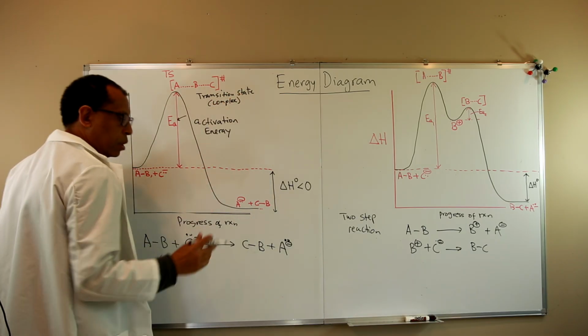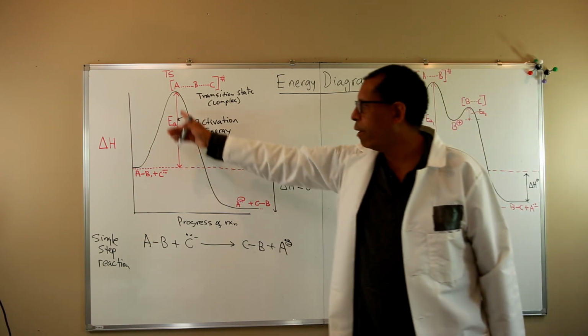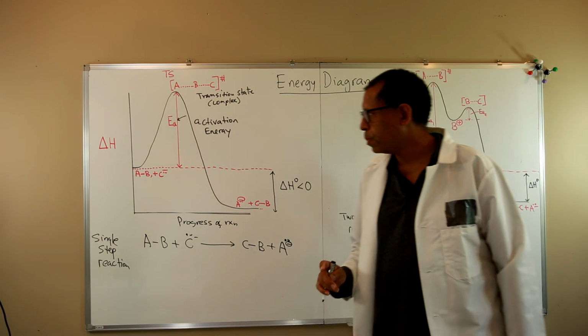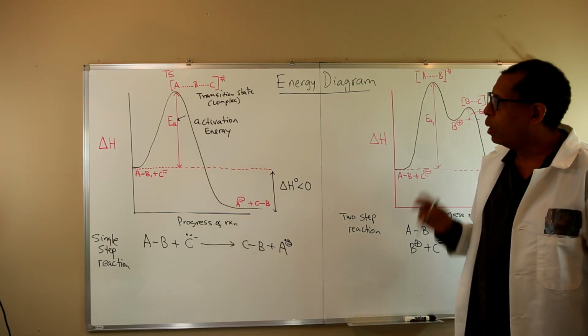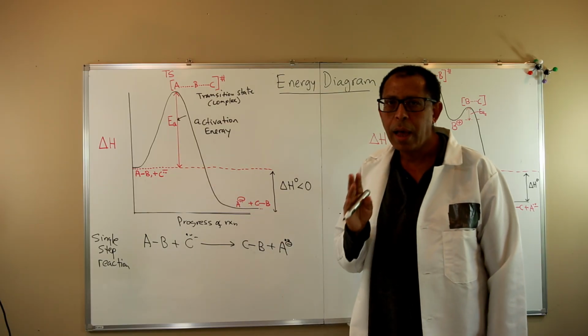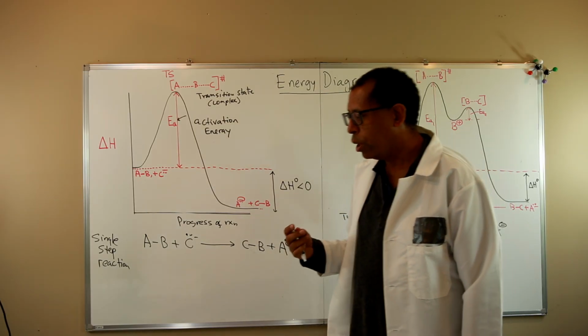It is a high energy complex, and it has already acquired enough activation energy to reach a transition state. So the transition state, or the activation energy, is what determines the rate, how fast that reaction could happen.